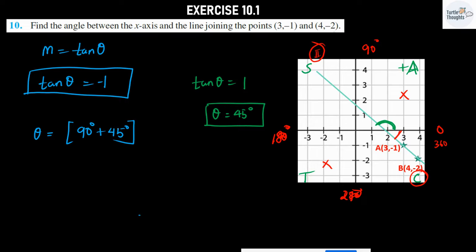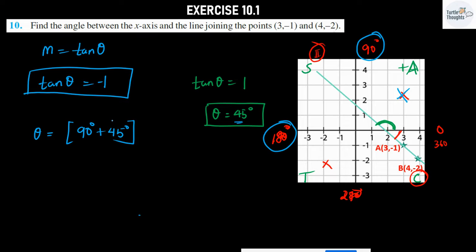Why 90 plus 45? Because it cannot come in the first quadrant. So I know it has to be in between 90 to 180 degree only. I already know that only for the value of 1, I will be getting theta as 45 degree. So if it is equal to -1, then it has to be 90 plus 45.